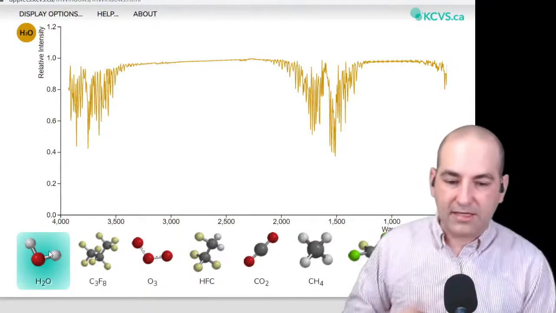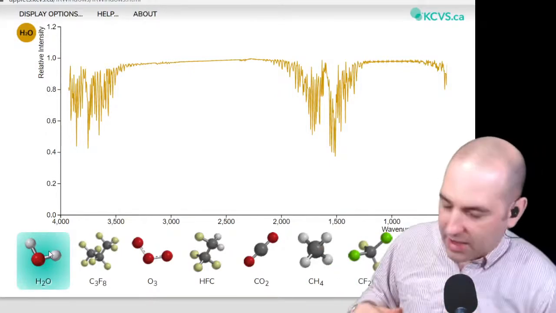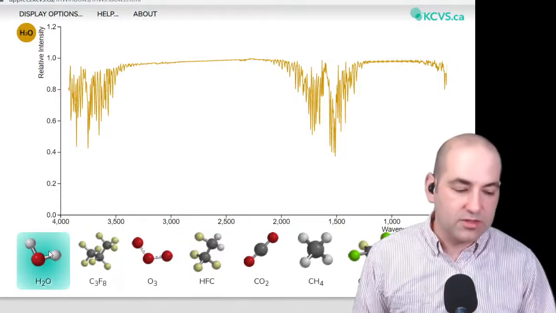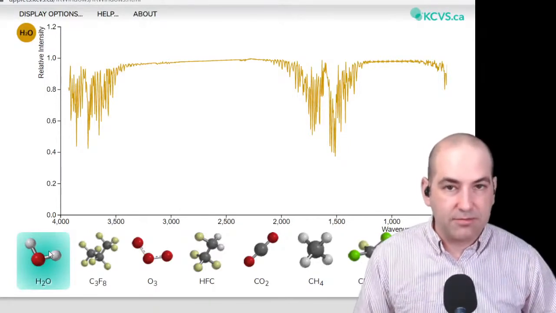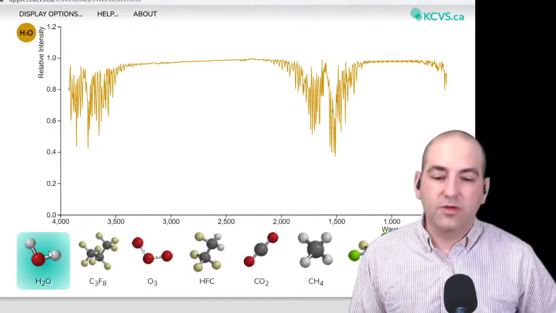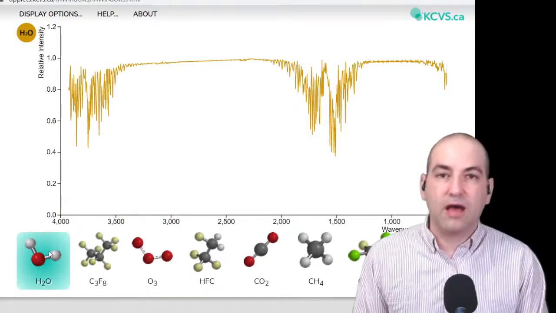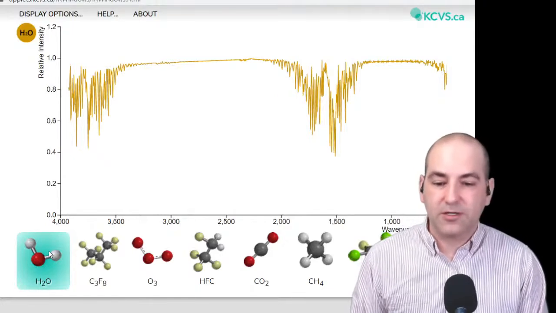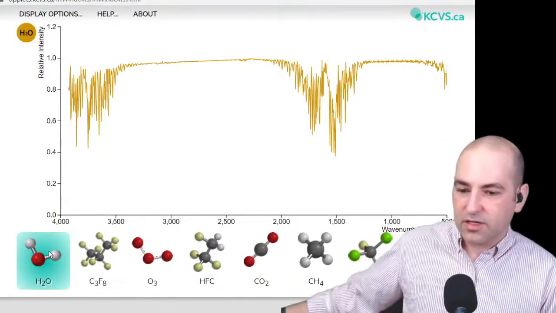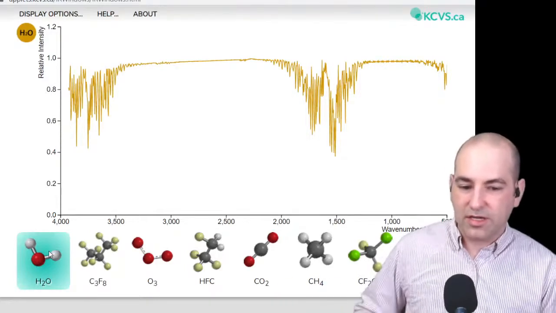So on the x-axis here, it's hidden behind me, but you'll see it when you pull it up, you have what's called wave numbers. And wave numbers are not the same as wavelength, confusingly. Wave number is a measure of energy, and this is commonly how infrared light is measured. You can see that to the far left it starts at 4,000, and then the numbers actually go down.